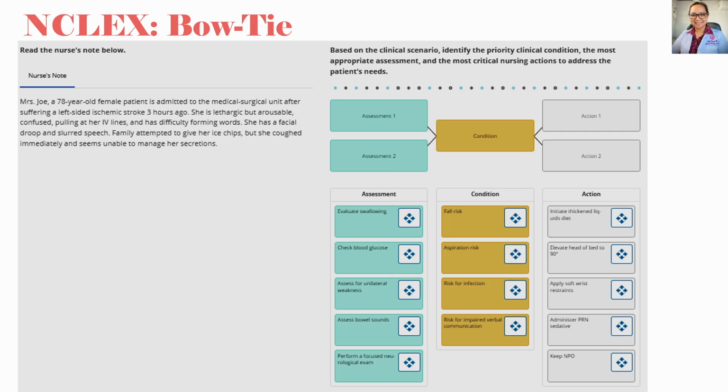Under action, we are either going to initiate thickened liquid diet, elevate head of bed to 90 degrees, apply soft wrist restraints, administer PRN sedative, or keep the patient NPO. Pause here as you think about what the responses would be, again utilizing Maslow's hierarchy of needs.